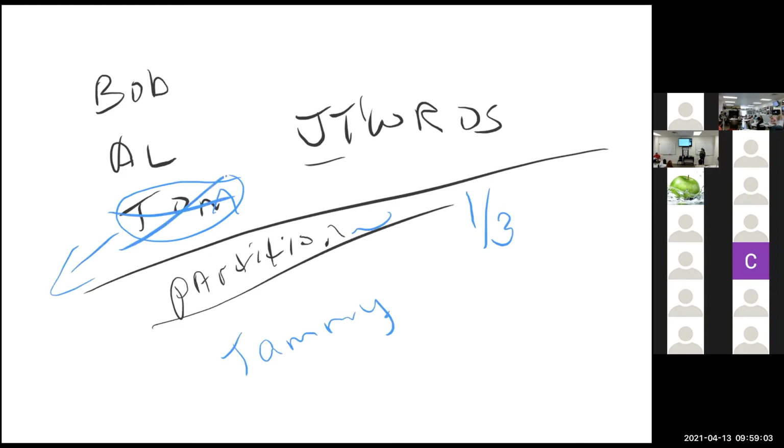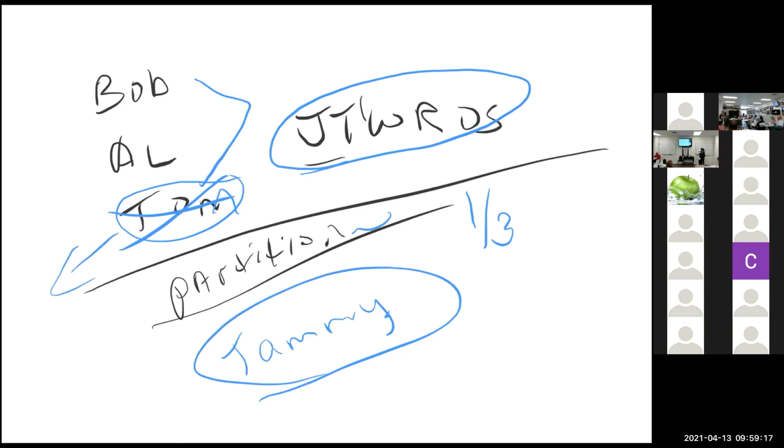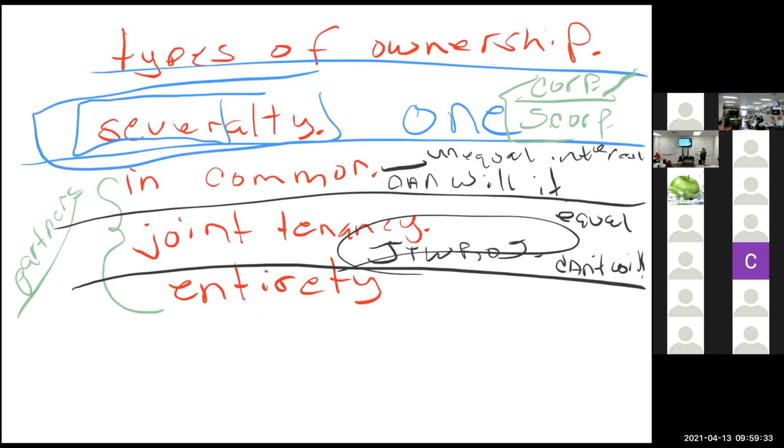Tom sold his 1/3 interest. Bob and Al still remain joint tenancy with rights of survivorship because they're still on the same deed. They took possession at the same time, but Tammy did not take possession at the same time, and she's not on their deed. So she becomes a tenancy in common, but the other two remain joint tenants. See how that works? She can will her interest. Absolutely. Thank you for that.